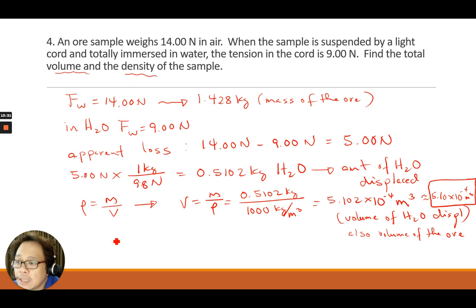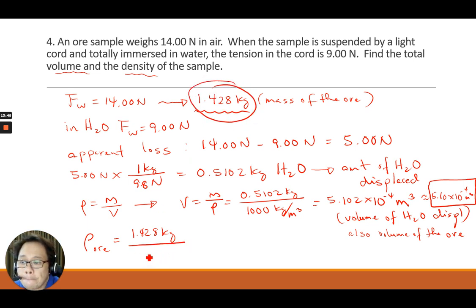So now the density of the ore. The density of the ore is equal to the mass of the ore, which is 1.428, we have it here, divided by the volume of the ore, 5.102 times 10 raised to negative 4 cubic meter.